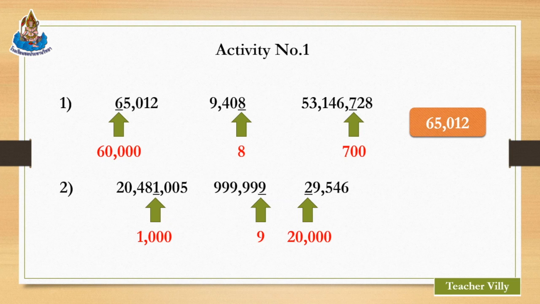Therefore, 29,546 is the number whose underlined digit is 2, wherein the value of the digit 2 is 20,000. Very good. Let's move on to number 3.